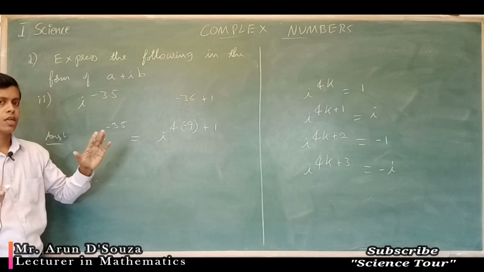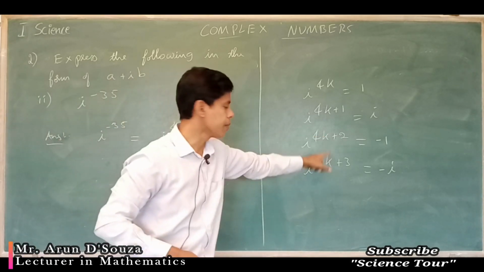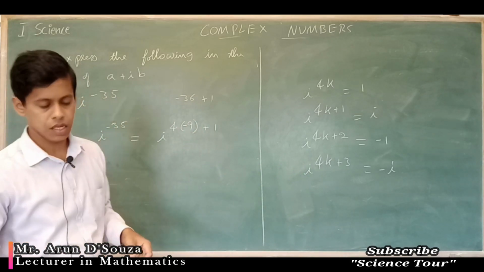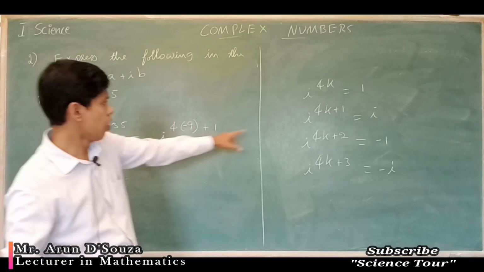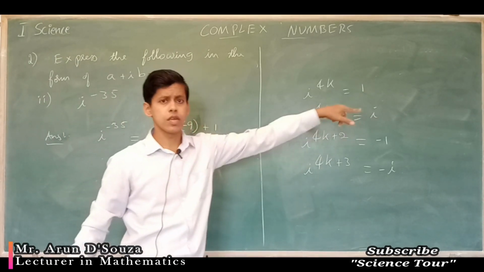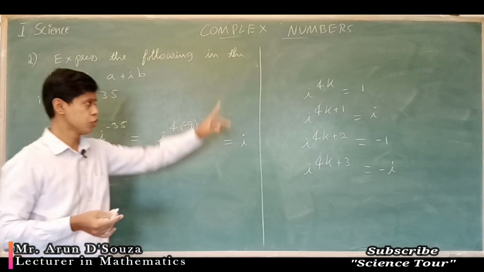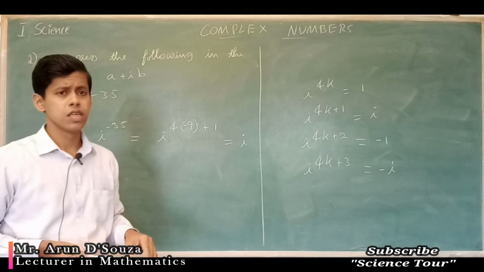Is it not? So now this is of the form i raised to 4k plus 1, therefore the answer is i. So you can use the formulas and solve this problem in an easier way.